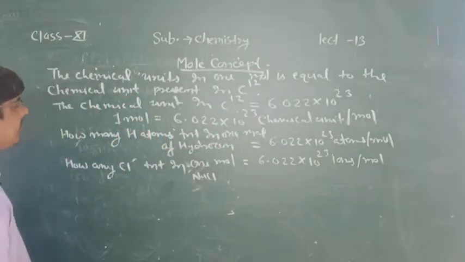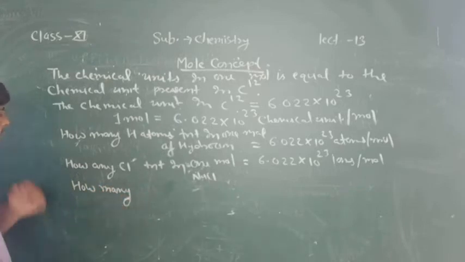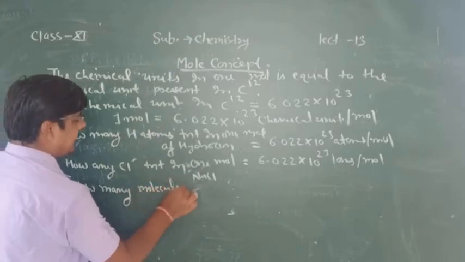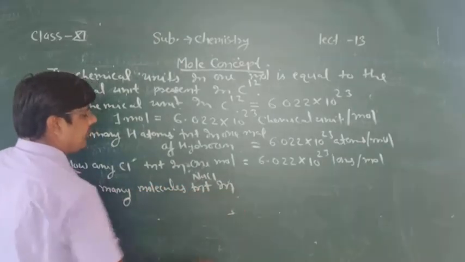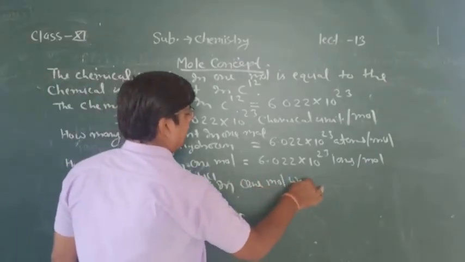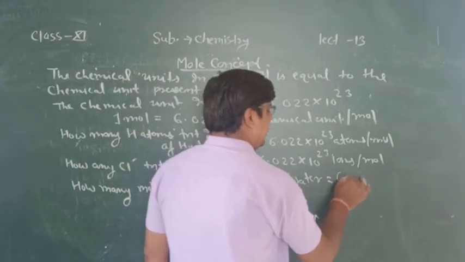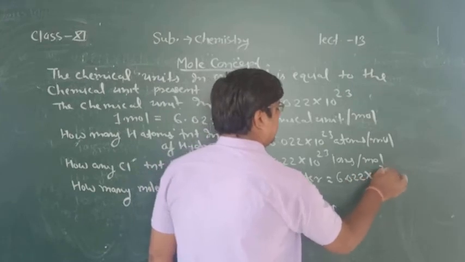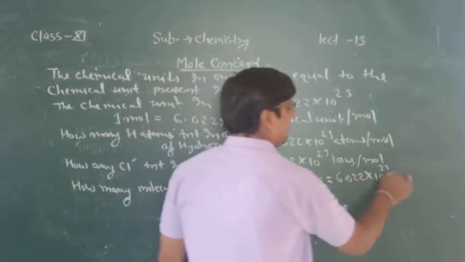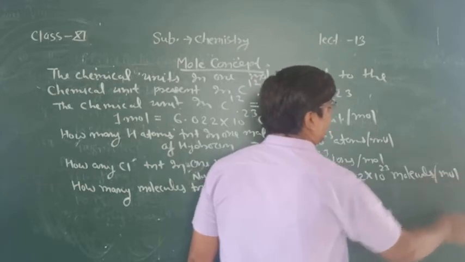Okay, if I am giving to you how many molecules are present in 1 mole water, so your answer will be 6.022 into 10 to the power 23 molecules per mole.